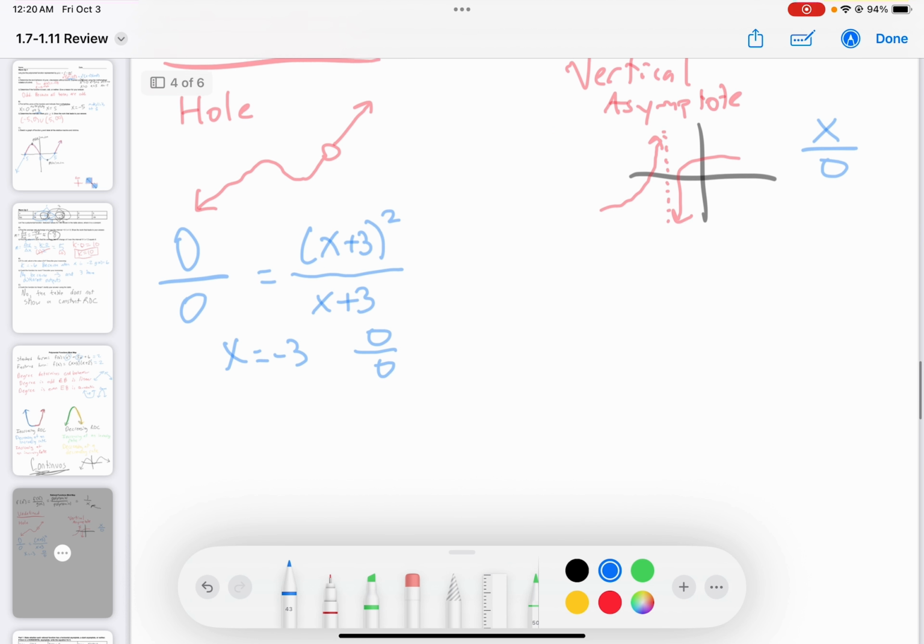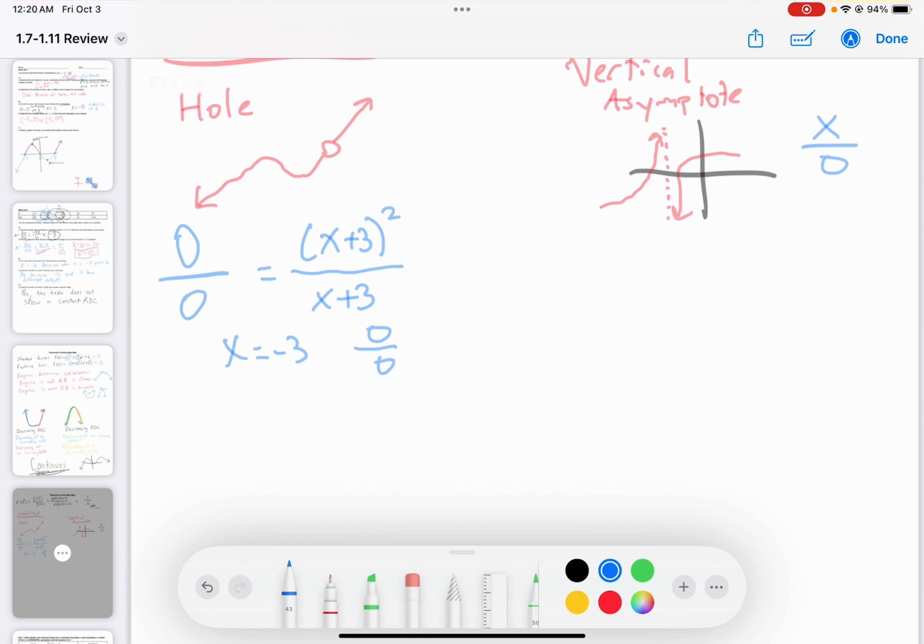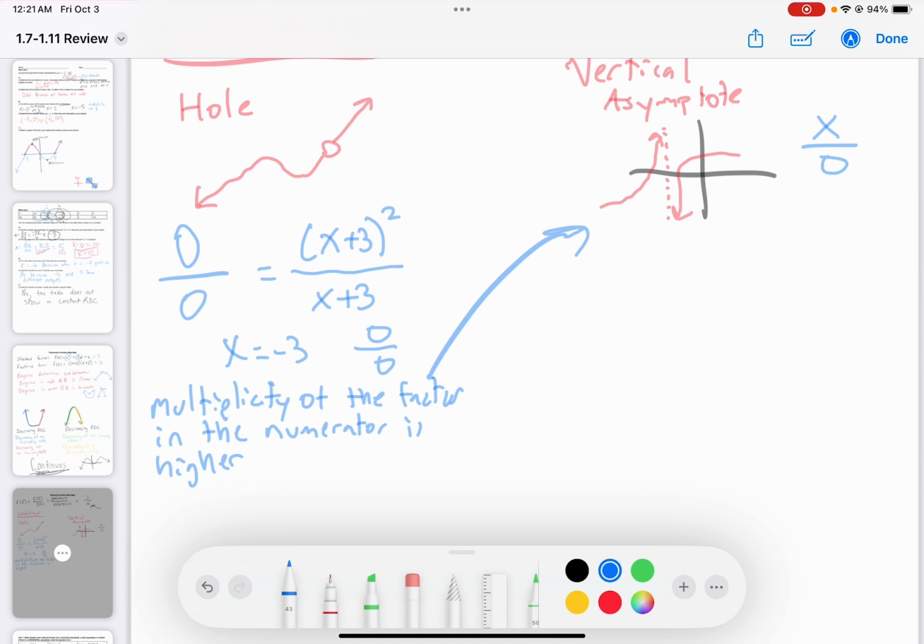But if the multiplicity of the factor in the numerator is higher, well, then it's going to go over to here. It's going to become a vertical asymptote.